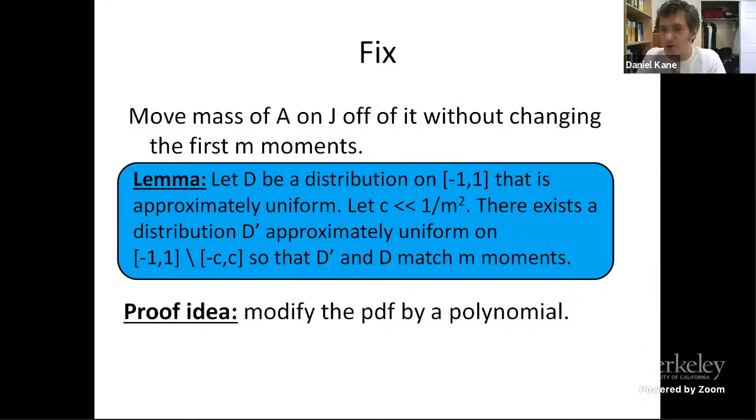Basically you remove that little bit of probability mass, and then you just have to modify the probability density function so that you match these M moments again. You need an M+1 parameter way in which you can modify the probability density, and then you just do some linear algebra to make the moments match again. There are a bunch of details to get the right parameters here, but the basic idea is relatively simple.